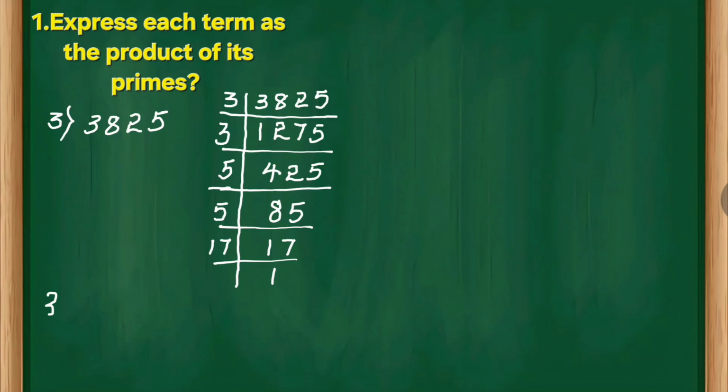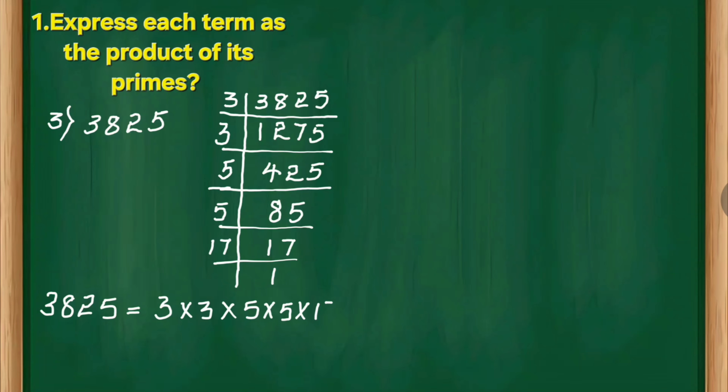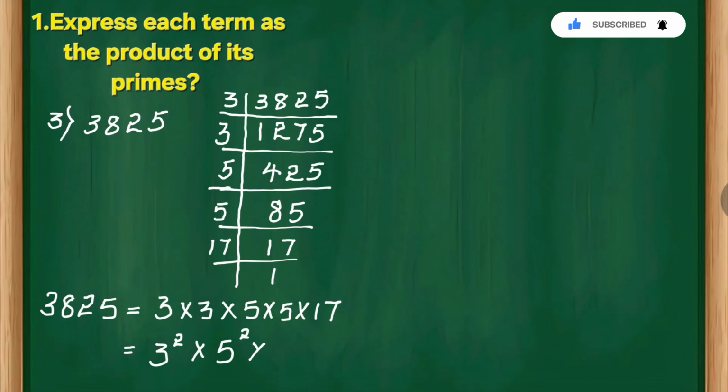So here the answer is: 3825 is equal to the product of its prime numbers, 3 into 3 into 5 into 5 into 17. So this can also be written as 3 square into 5 square into 17. So this is the answer for this question.